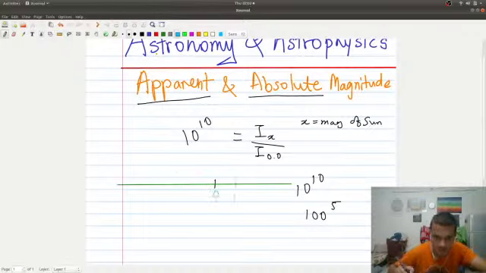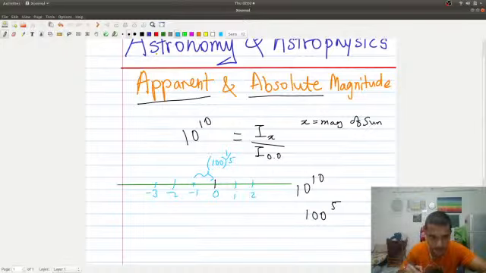We have 1 here, we have 2 here, and we have -1 here, -2 here, -3 here, and so on. And we know that this difference accounts to like 2.5, what it's actually, 2.5 is unnecessary. It's 100 raised to 1 by 5. That's how many times a magnitude -1 star is brighter than a magnitude 0 star.